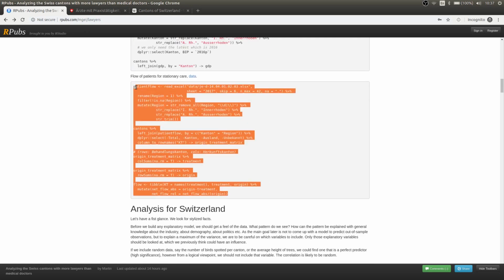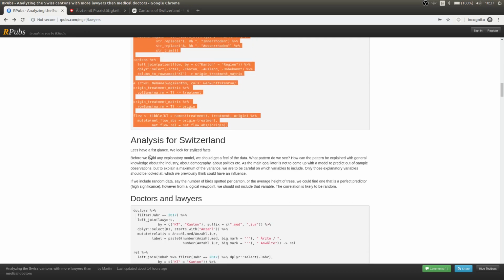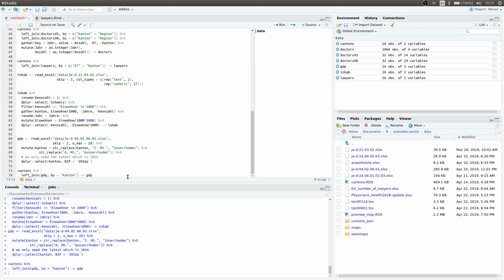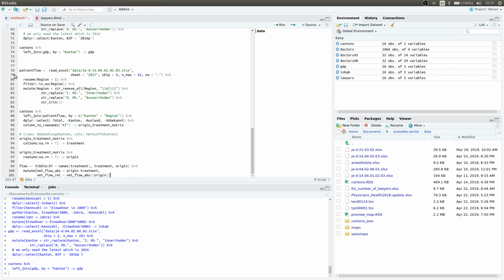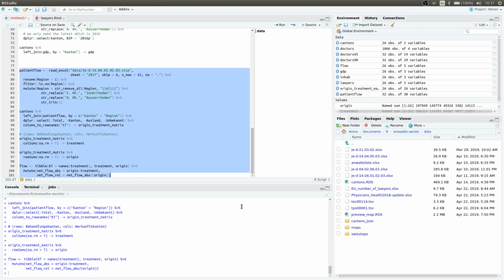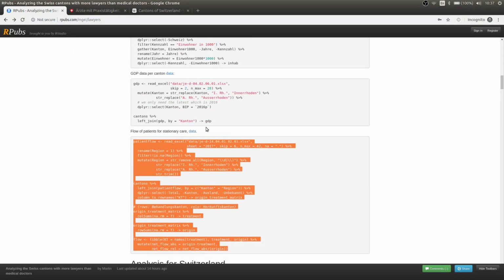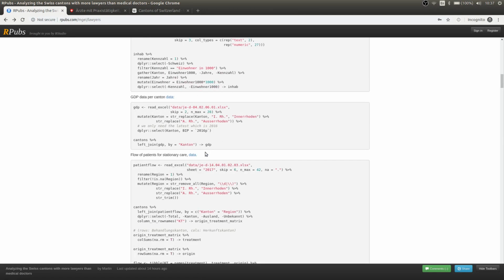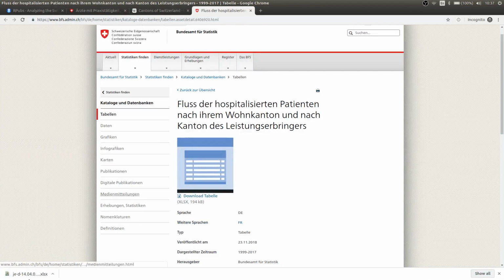Also interesting data that we have found, which we're going to use for trying to explain the higher number of lawyers, is the patient flow. This is data also from the statistical office in Switzerland. Let's open it quickly.